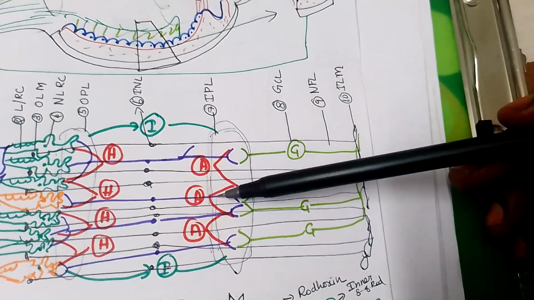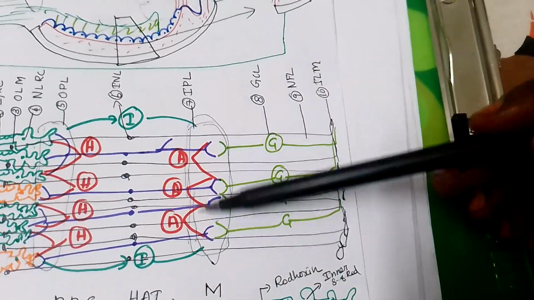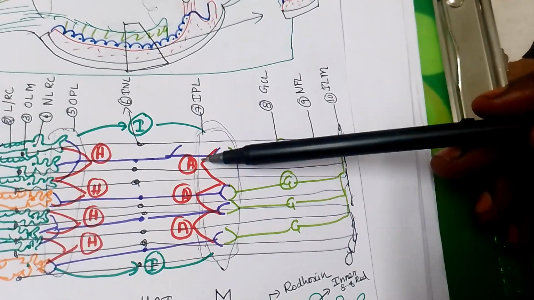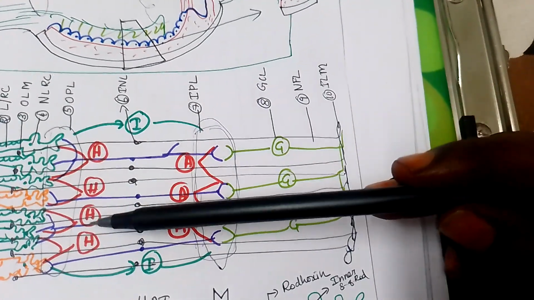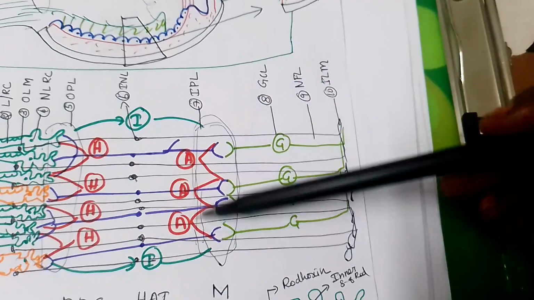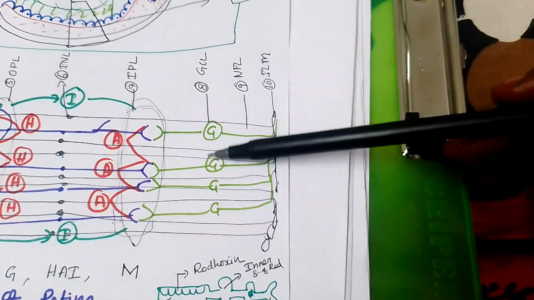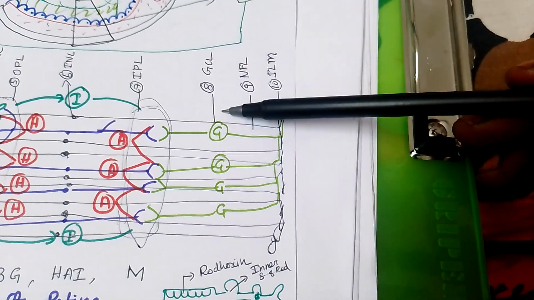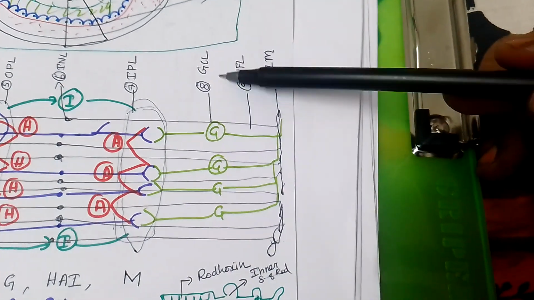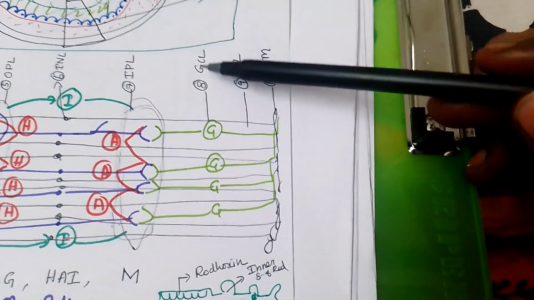Then next is another plexiform layer, the inner plexiform layer. Since the other was outer, this is called the inner plexiform layer. Then comes the ganglion cell layer of the retina.